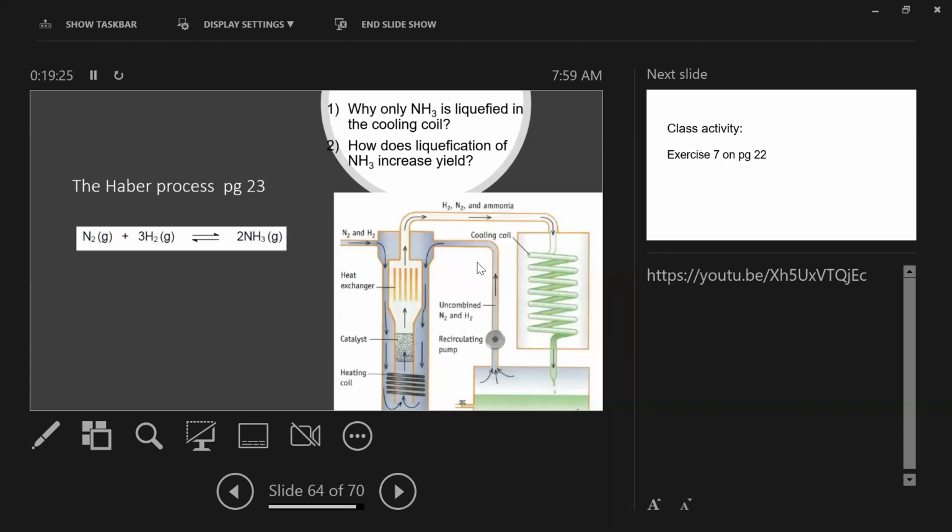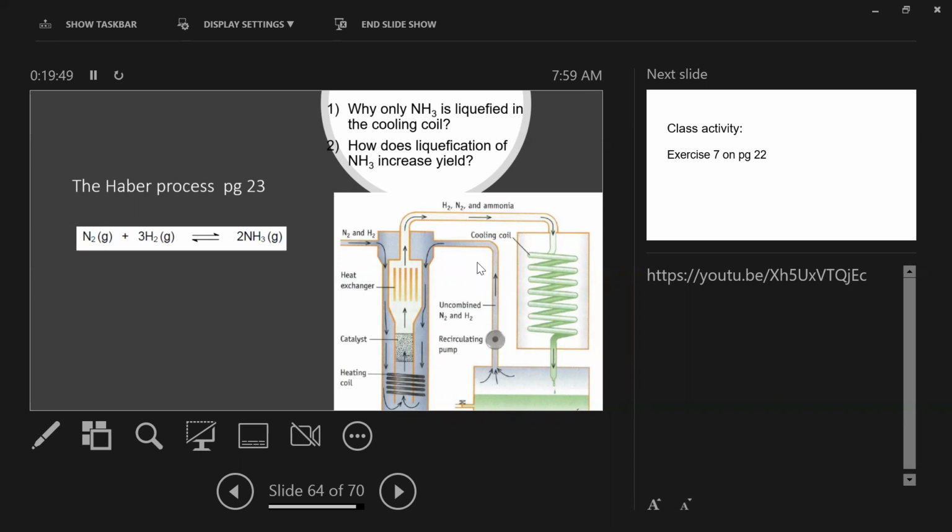Okay, who can answer the first question? NH3, yes. NH3 has a different boiling point. But is that sufficient to answer why only ammonia is liquefied in the cooling coil?